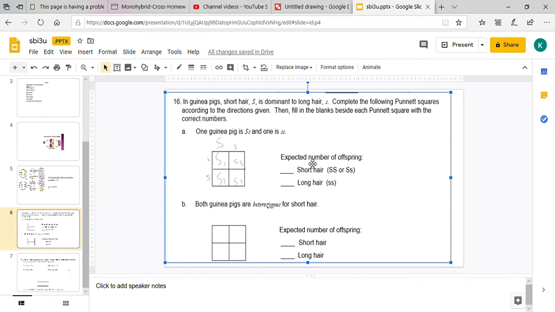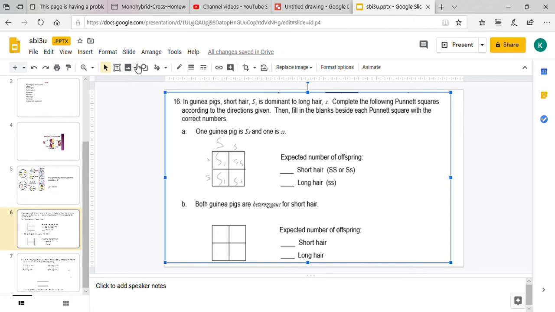So the expected number of offspring that have short hair would either have to be homozygous dominant or heterozygous dominant. If we look at the Punnett square, we don't have any homozygous dominant, but we do have heterozygous dominant, and that's 2 out of 4 guinea pigs.